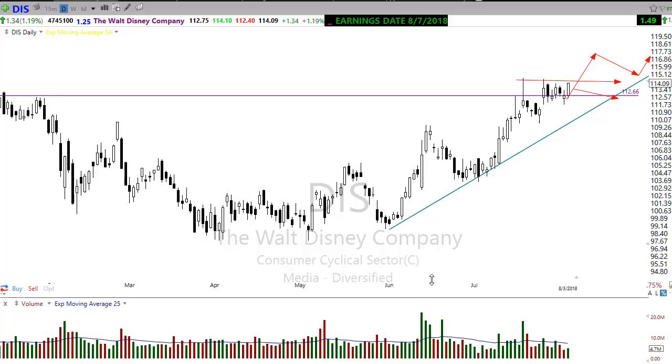I can take my time and plan my entry carefully into that trade. So I'm always focused on what support, resistance, and trend are telling me about a stock and paying attention to those very closely.